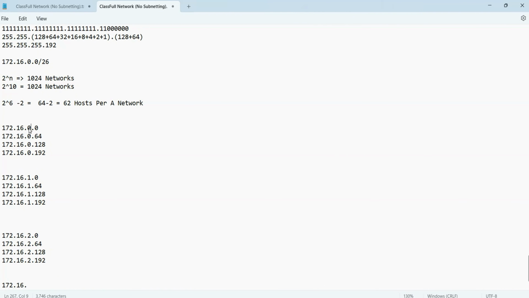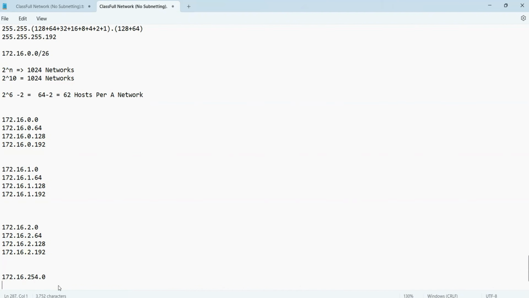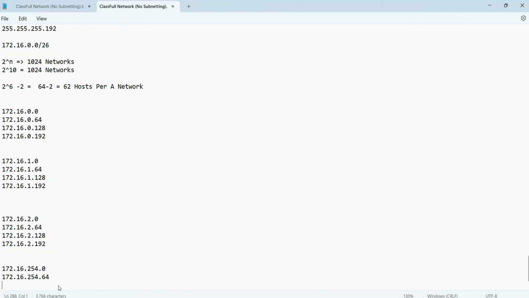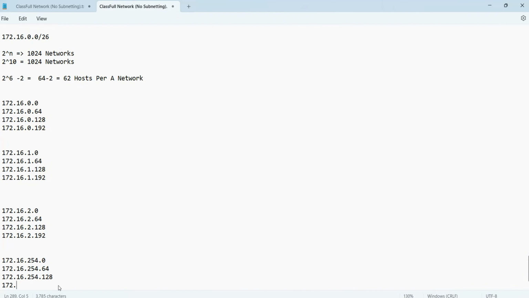Do you see how the third octet is jumping? It's jumping by 1. And each time it jumps by 1, it's jumping by 4 networks for the last octet, because my increment number is 64. Eventually it's going to reach 254.0. So 2.0, 2.64, 2.128, 2.192, then 3.0, 3.64, 3.128, 3.192, then 172.16.254.64, then 254.128, then 254.192.